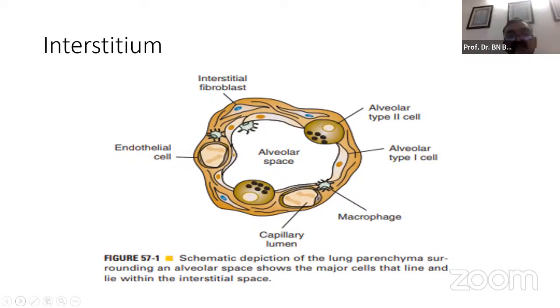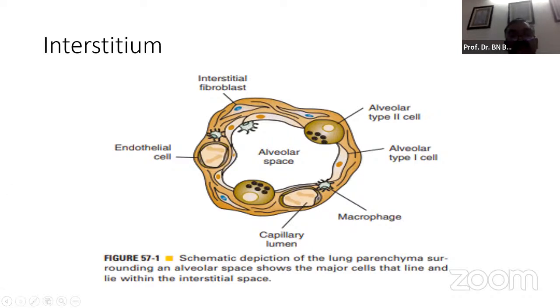So we have notably the alveolar capillary membrane, and then we have interstitial fibroblasts in the matrix, and alveolar type 2 cells and alveolar type 1 cells, which actually line the alveoli. We have macrophages, and then the capillary endothelium. These are the various structures which become the anatomical part of the interstitium at the microscopic level.